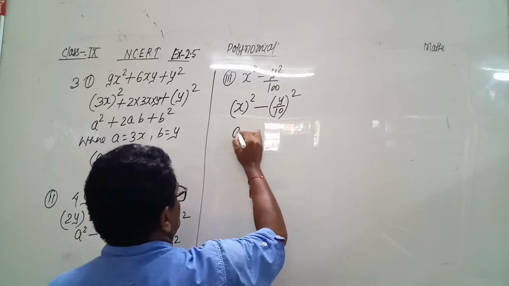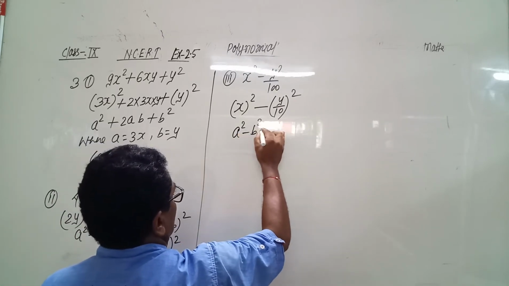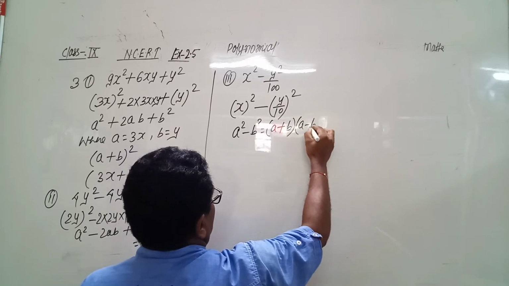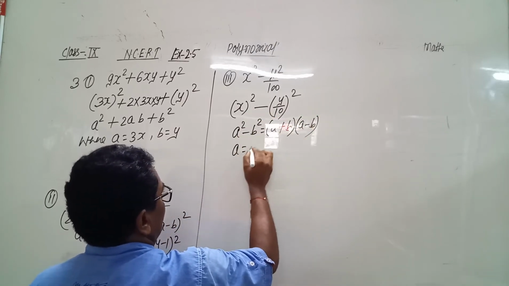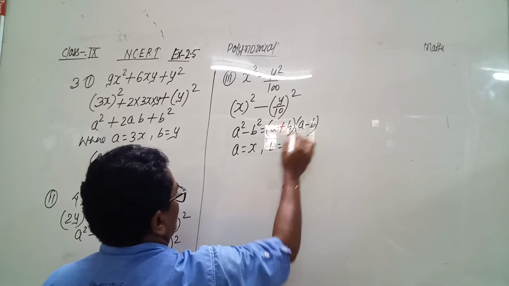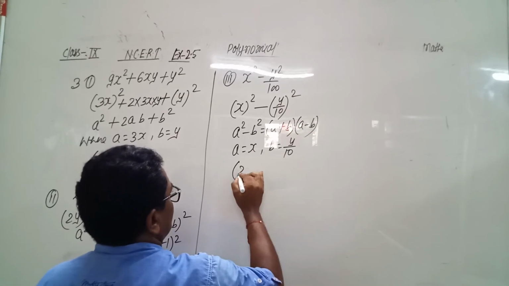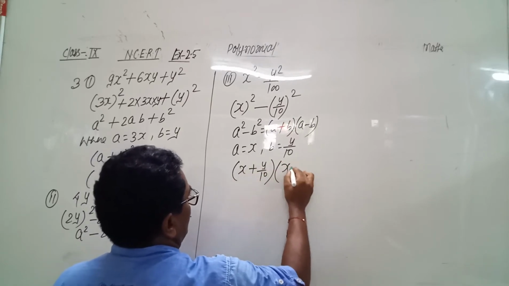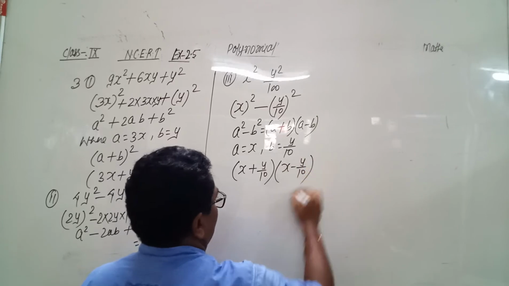And this is the identity of the form a square minus b square, which is a plus b times a minus b. At the place of a we have x, and at the place of b we have y by 10. So we write a plus b means x plus y by 10, and a minus b means x minus y by 10.